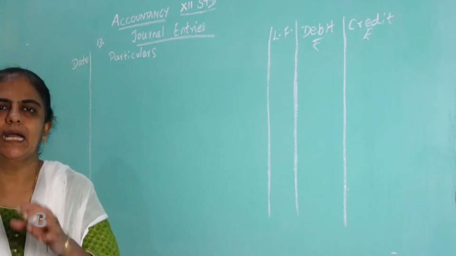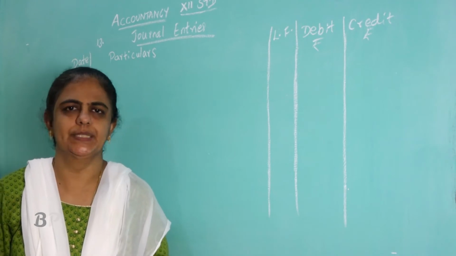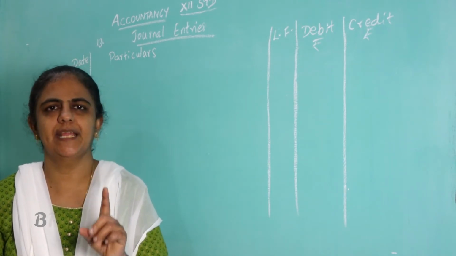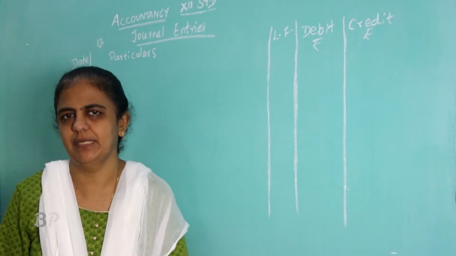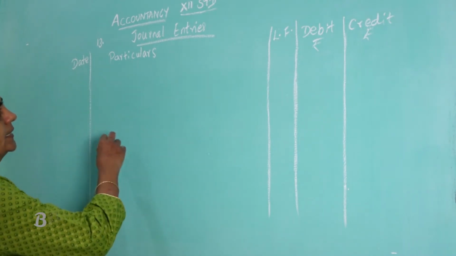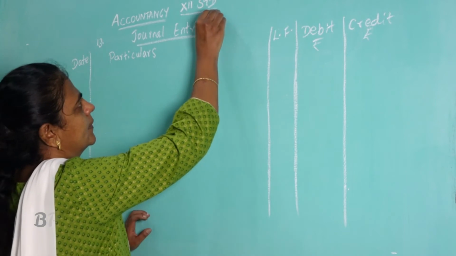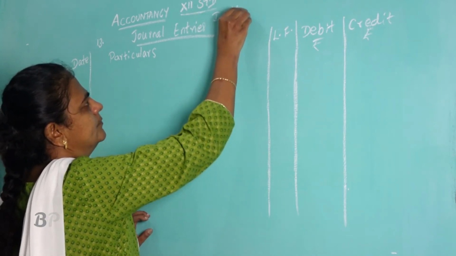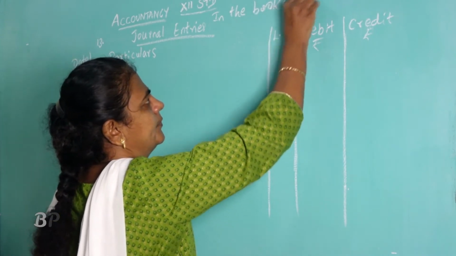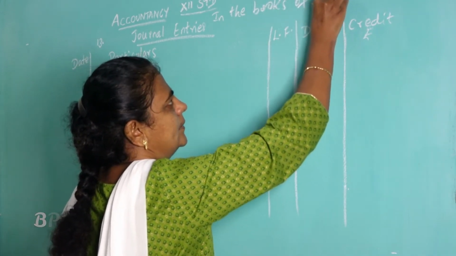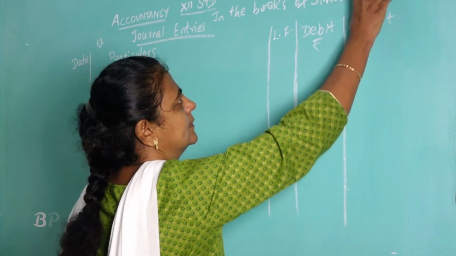So 50,000 equity shares issued. So application money for one share is rupee 1. So what is the first entry? Receipt of application money. So you write journal entries in the books of Simon Limited.